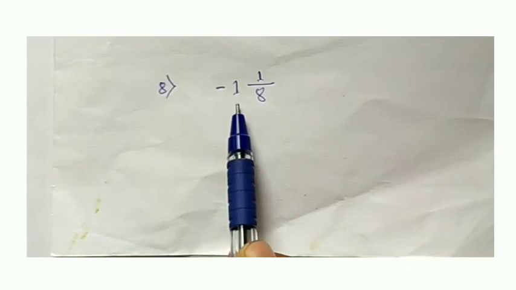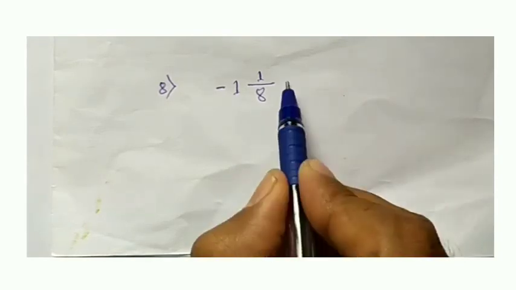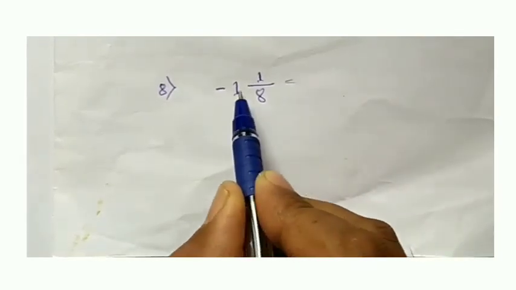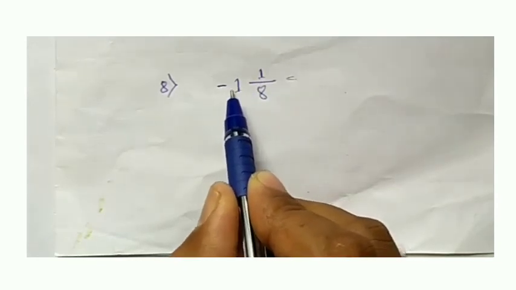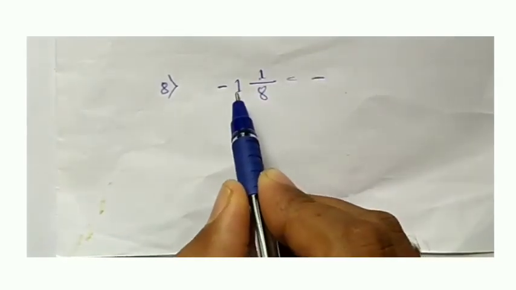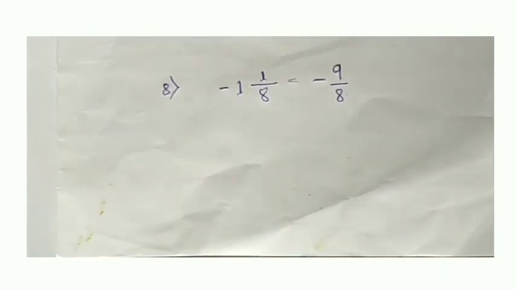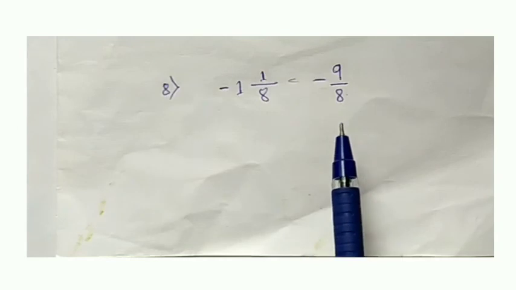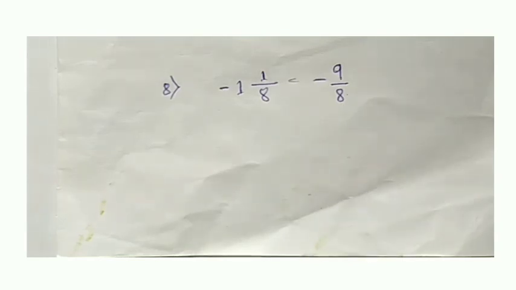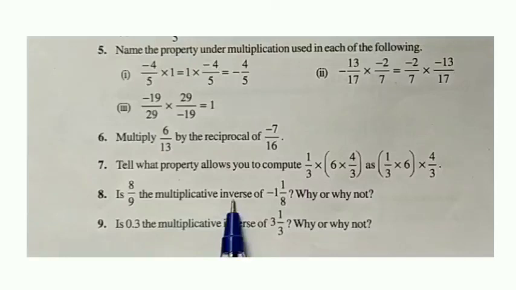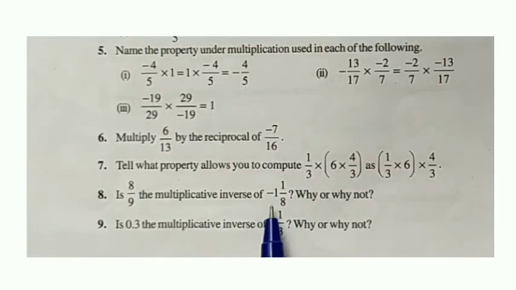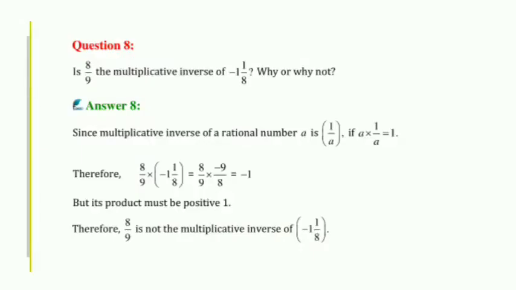So 8 ones are 8, keep the minus like that only, 8 plus 1 it will be 9. So now we got minus 9 by 8, but what are they asking? They are asking the multiplicative inverse, but here we got 9 by 8 in the form of minus. So that's why it is not the multiplicative inverse of minus 1 integer 1 by 8.